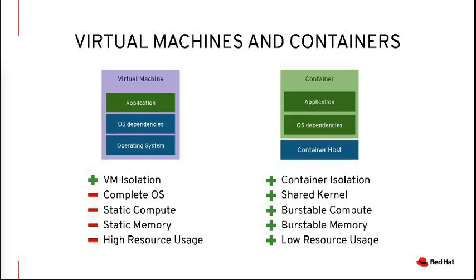VMs have the advantage of providing hypervisor-level isolation for the application, but that comes at the cost of running a complete OS for each application, which is going to consume more memory, CPU, and resources. Furthermore, a VM's compute and memory capacity is predefined, and VMs don't provide any elasticity or agility, especially when an application requires more memory and more compute power.